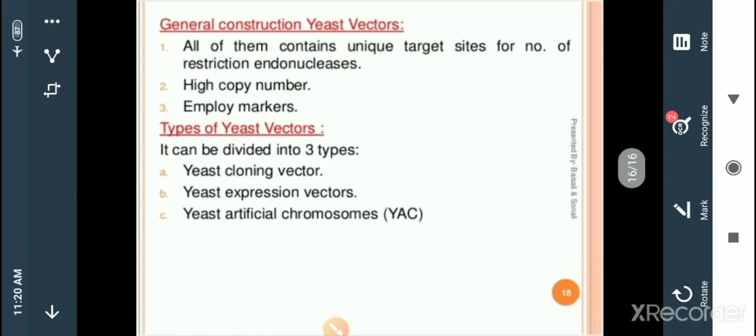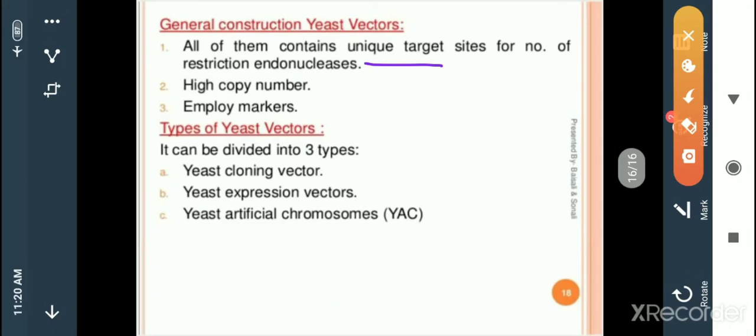All of them contain a unique target site. Here unique means each species consists of a particular, separate, specific type of target site. That is contained in the yeast vector.